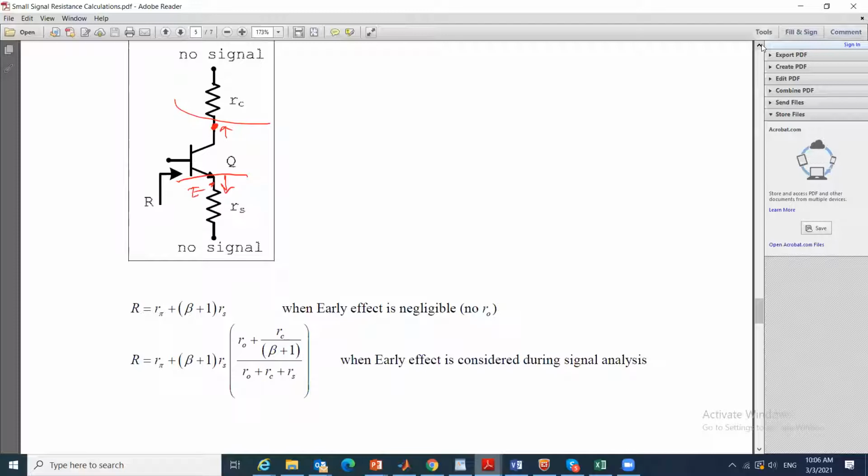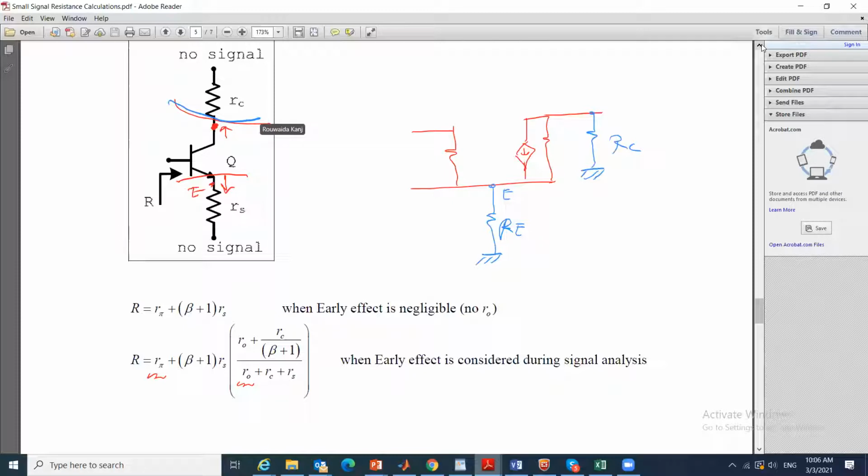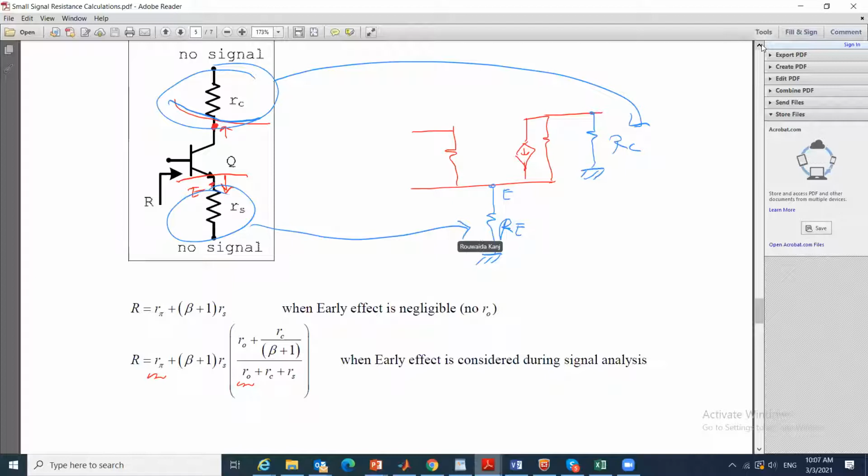Because for my transistor, I have already compensated for its RO and R pi in my equation, and I am assuming that if this is my transistor with its model, anything that connects to it externally at C will be RC, and anything that connects to it at E will be RE. So outside the pi model, I do not consider any of it, I just look outside and see what is the effective RC, and I look outside and see what is the effective RE or RS.